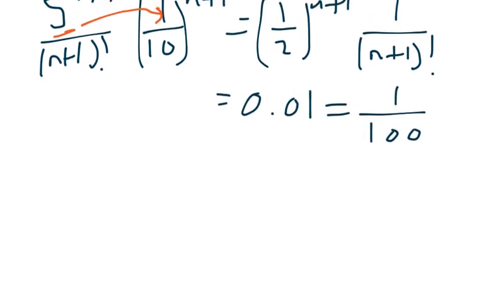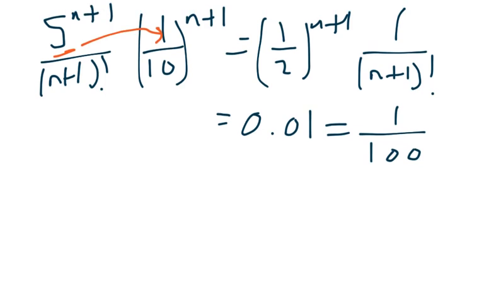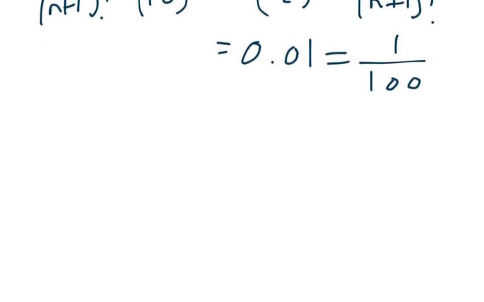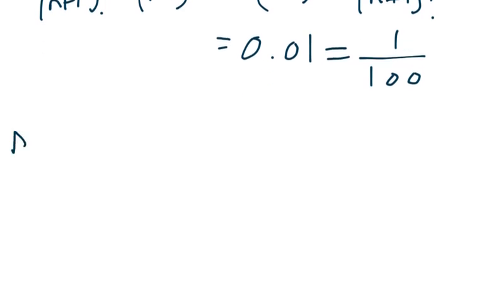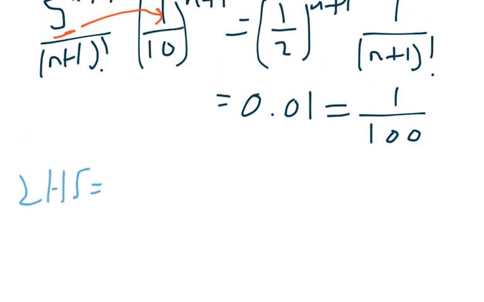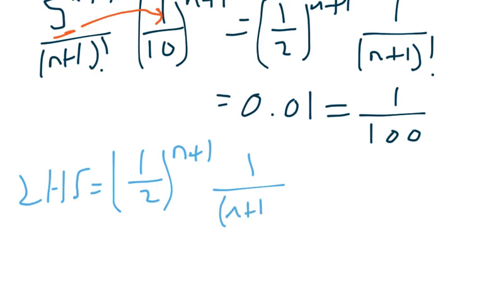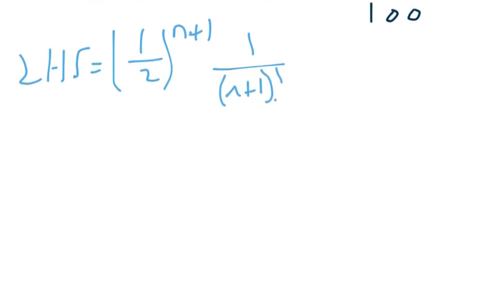Okay, so it's going to be hard to choose the right n value. So what we're going to do is we're just going to test. I'm going to call my left-hand side equal to 1 over 2 to the n plus 1 times 1 over n plus 1 factorial.